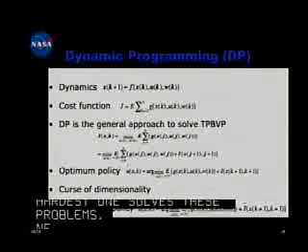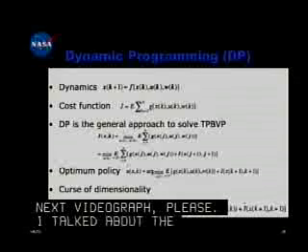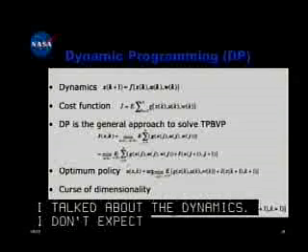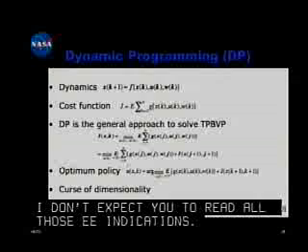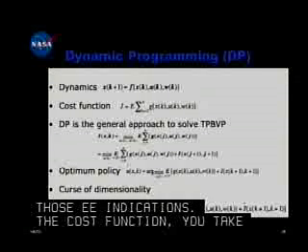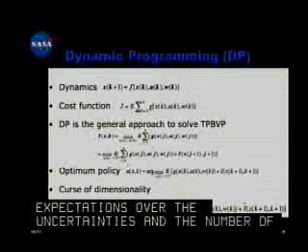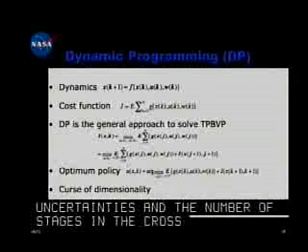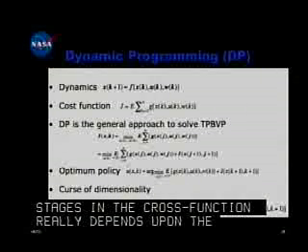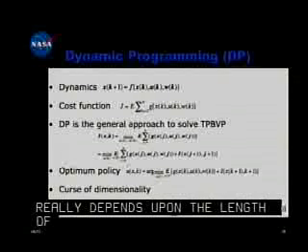I don't expect you to read all those equations. The cost function, you take expectations over the uncertainties, and the number of stages in the cost function really depends upon the length of the planning interval and the size of the time interval itself.